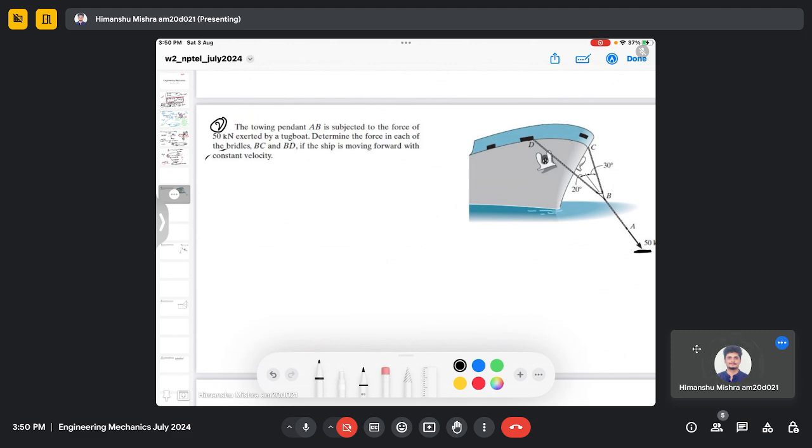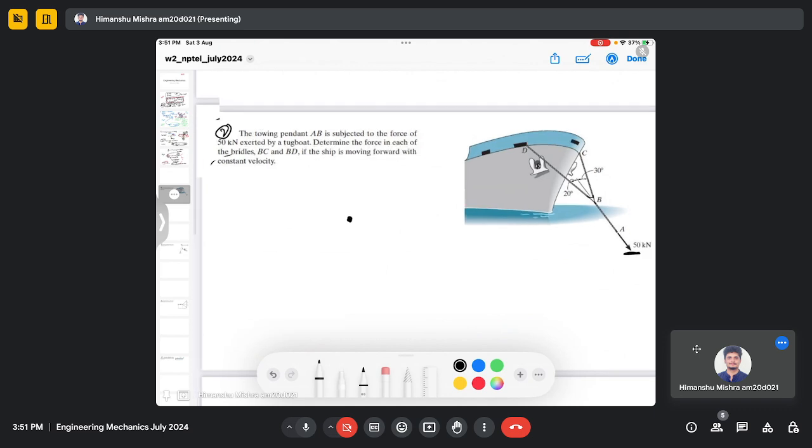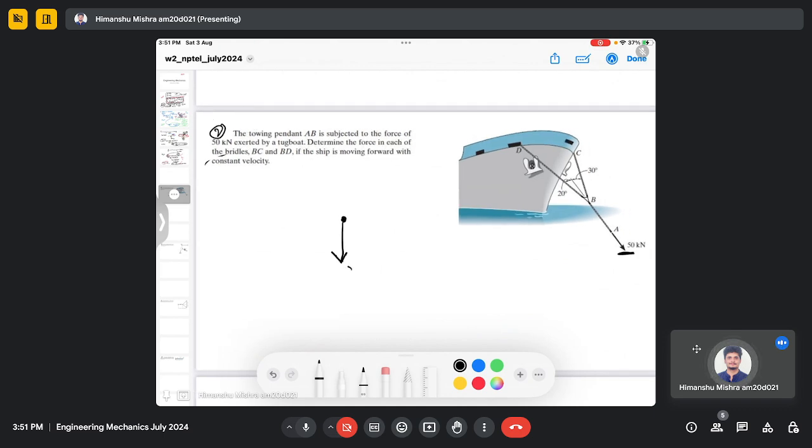Right? So again, we are using the equilibrium condition, but before using that, it is always advisable to make the free body diagram. So this is my 50 kilonewton force, and these are my other forces.